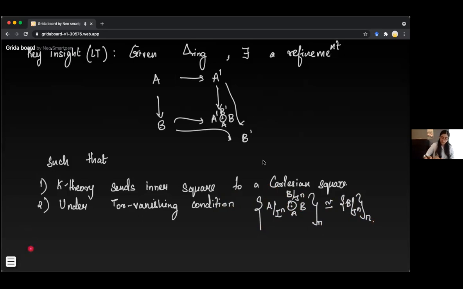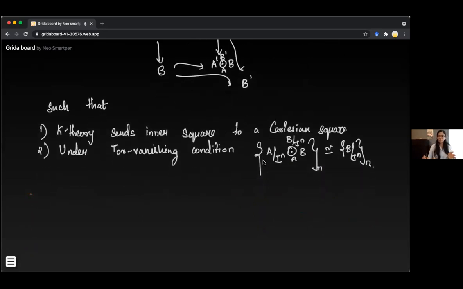Okay, so now when we want to get back to our original question, where we had a Milnor square of stacks, does that have excision for K-theory? If we want to prove Milnor excision for stacks, we can reduce it to a simpler case, just like in the case of schemes, where we reduce using Zariski descent to just looking at affine schemes.